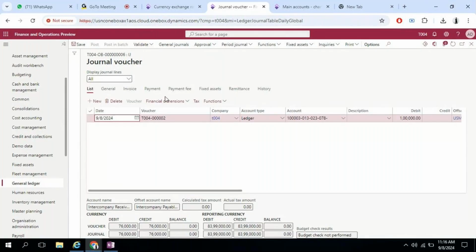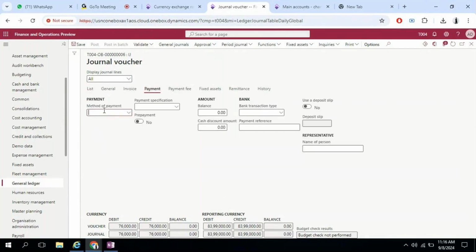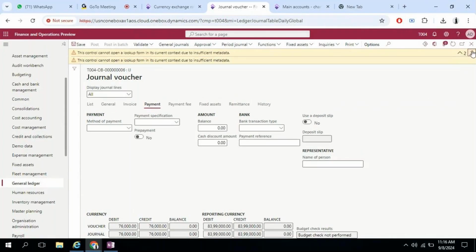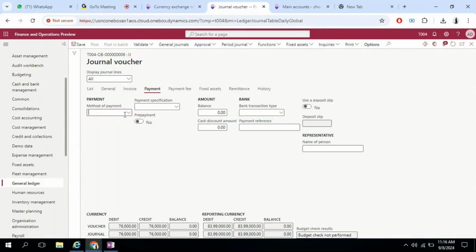Now if you go to the payment option, you will be able to find the method of payment. This control cannot open a lookup form in its current context due to insufficient metadata. Okay, no problem, I will check. Maybe it is due to some refresh issue. Method of payment is selected in this format.